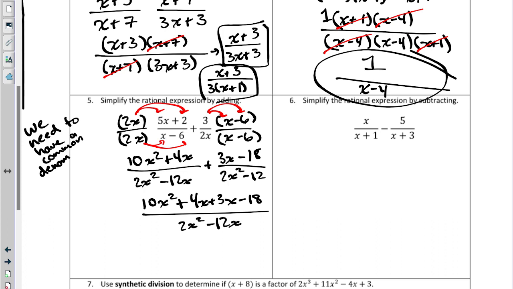And now we can combine like terms. I see that in the middle, I have 7x here. And so this is going to become 10x squared plus 7x minus 18 over 2x squared minus 12x.